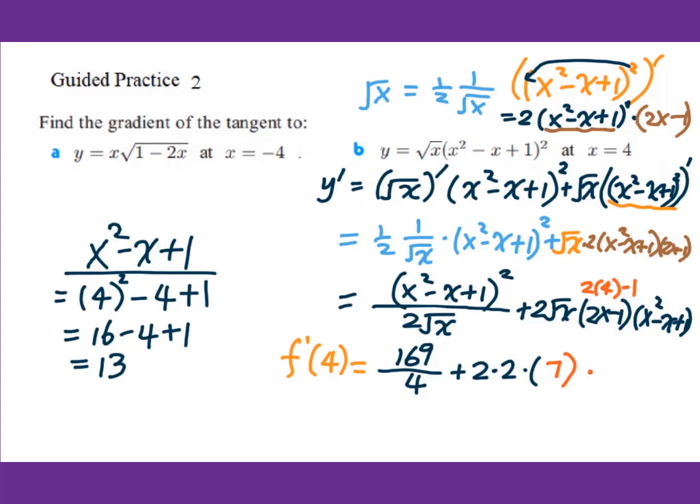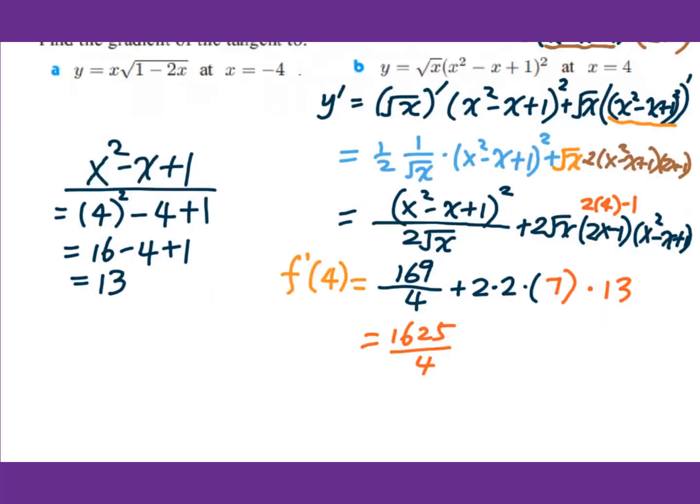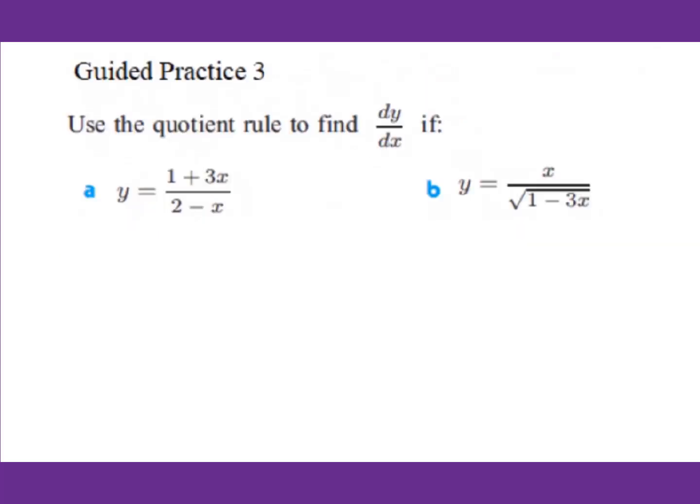Then times 13. If you put this into a calculator, you will get 1625 over 4.